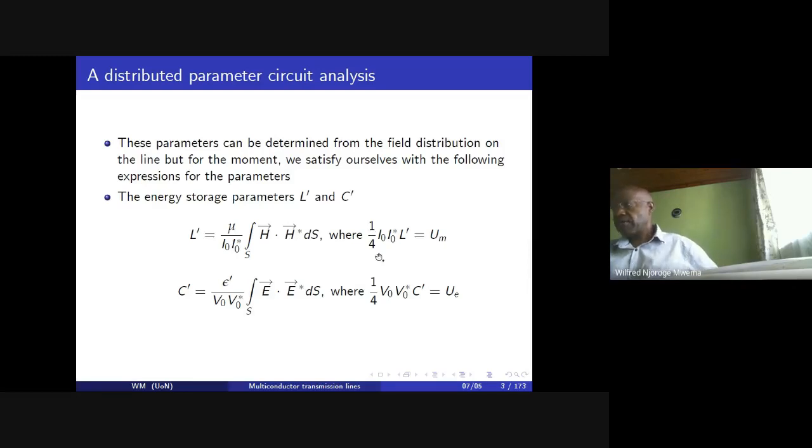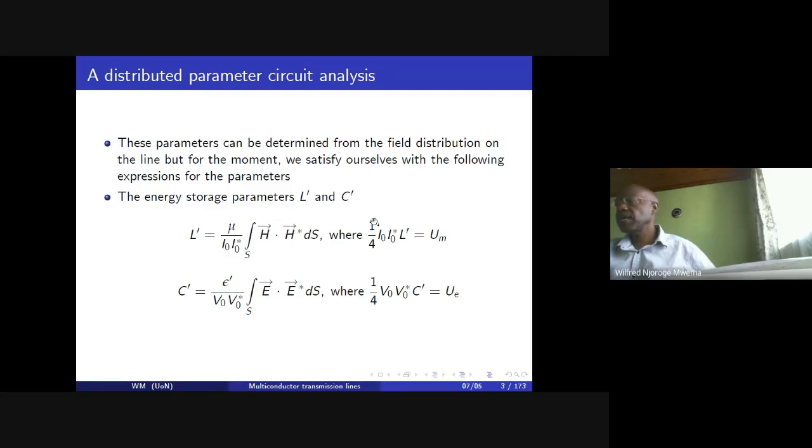We are using a quarter here because for sinusoidal waves, a half comes in from using the amplitude rather than the root mean square in the definition from circuit theory. The other half comes from the integral of the sine squared or cosine squared that appears in a sinusoidal field.